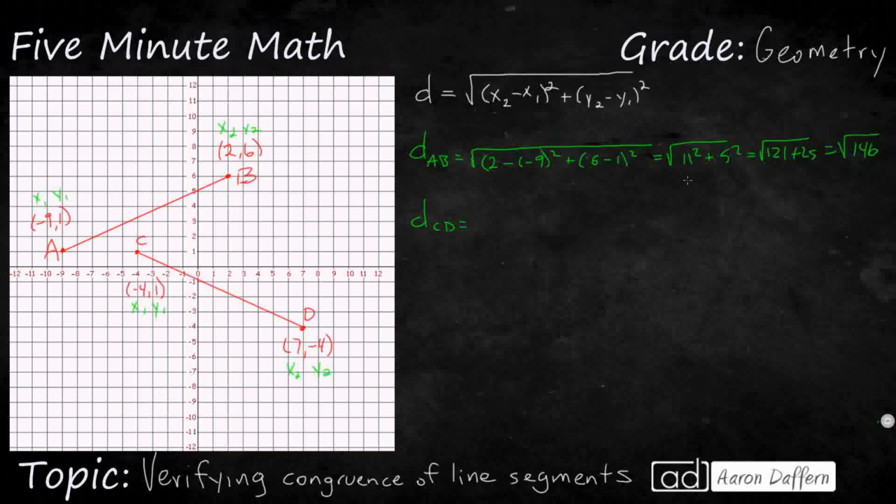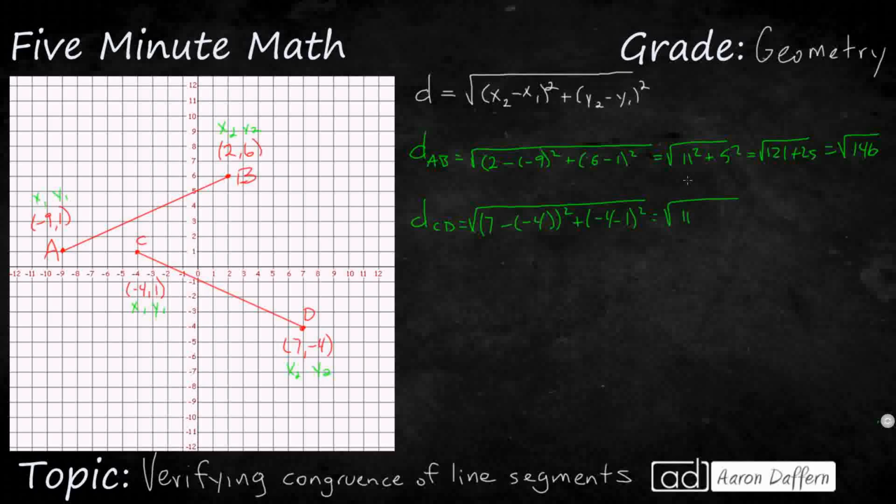So my CD, line CD, is going to be my x sub 2, that's 7, minus, and then I've got a negative 4. And hopefully you're seeing, look at that, that's going to end up being 11. And then I've got in my y's, negative 4 minus 1. Oh, look at that. That's going to be 5.